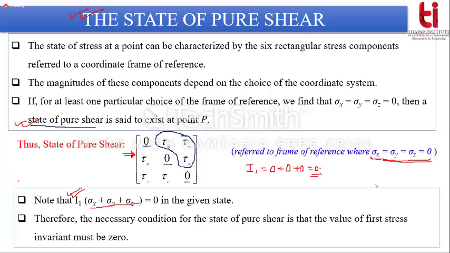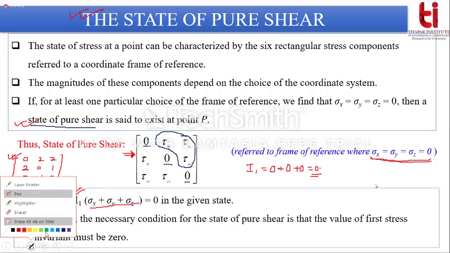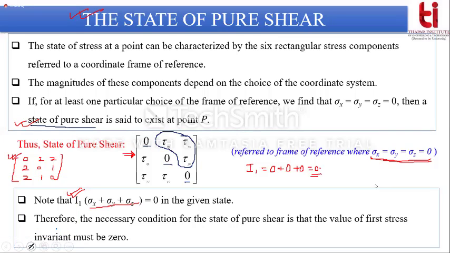यानी कि अगर मैं मान लो कि state of stress ये दी हुई है 0 2 2 2 0 1 2 1 0. Okay, this is also state of pure shear. And if somebody asks you, check whether this state of -1 2 1 2 3 4 1 4 -2.